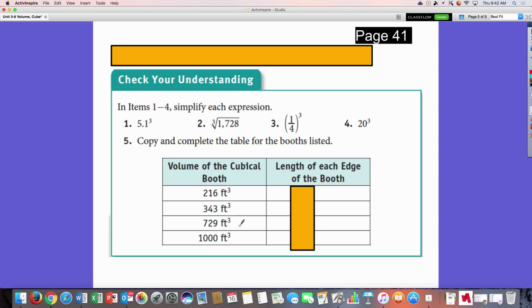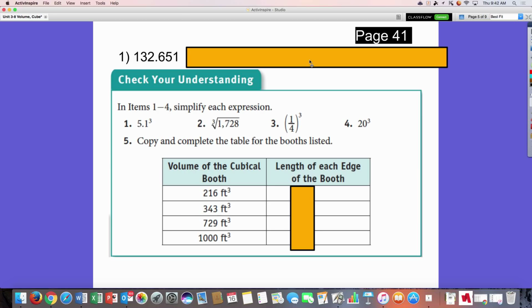Peanut butter! Welcome back. I'm guessing you worked through those, and I bet you're going to get all 5 right. 5.1 times 5.1 times 5.1, 132.651. And this one, what number times itself equals 1,728? 12.